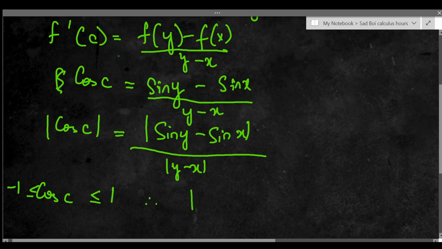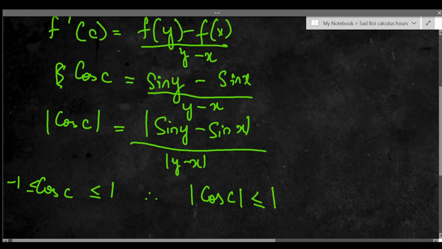However, when we take the modulus, everything less than 0 is converted to a number greater than 0, and the magnitude of the number remains the same. So the range of modulus of cos c lies between 0 and 1.